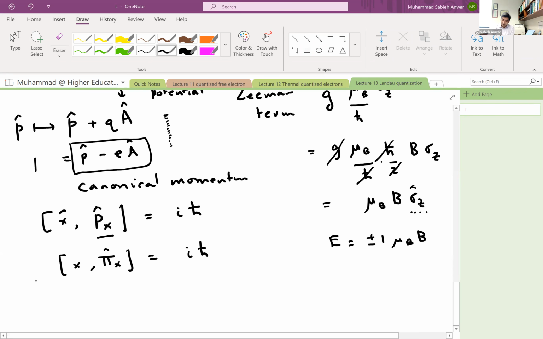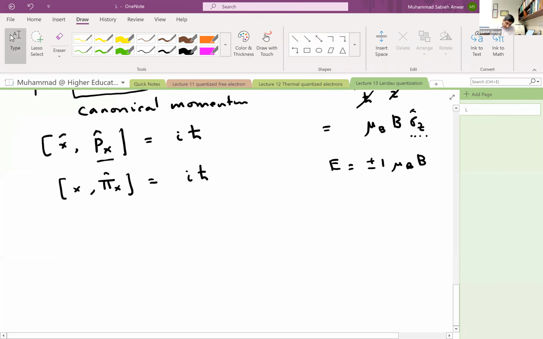So for the time being, remaining within the scope of this course, let's take this as a matter of principle that whenever we have a magnetic field, we replace the momentum P in the Hamiltonian with P plus the charge times the magnetic vector potential.